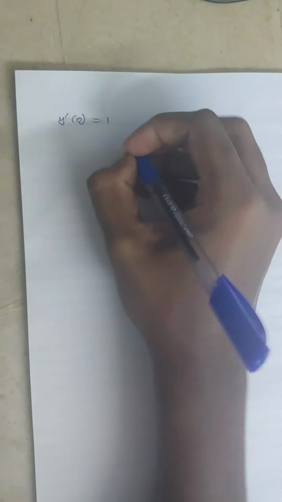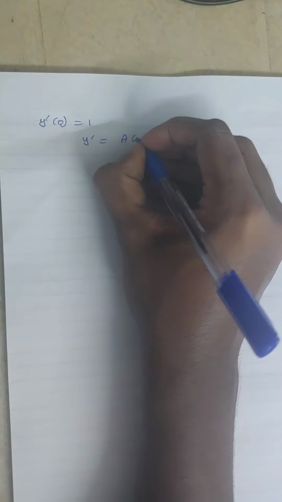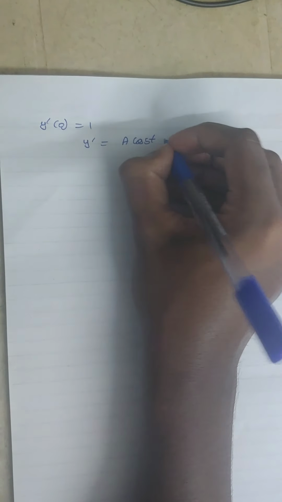The second condition given to us is y dash of 0 is equal to 1. So our y dash is 5a cos 5t minus 5b sin 5t plus cos t.